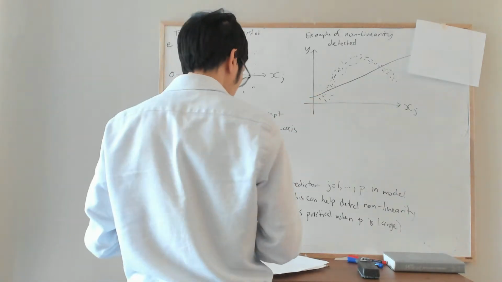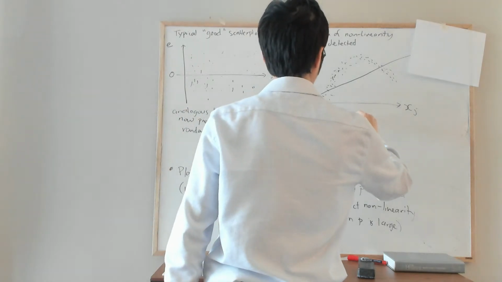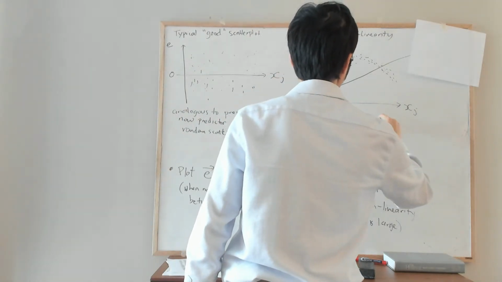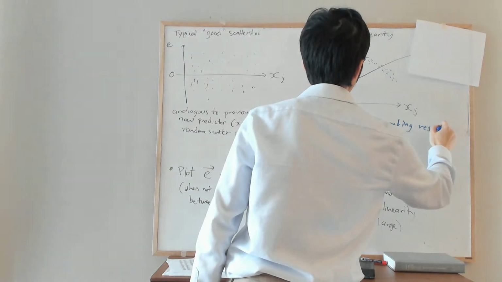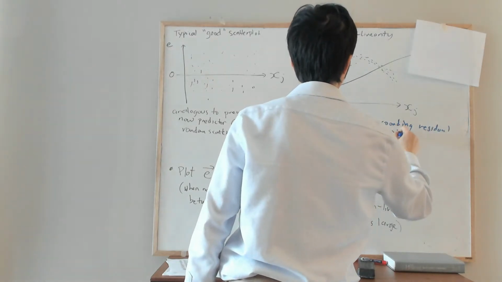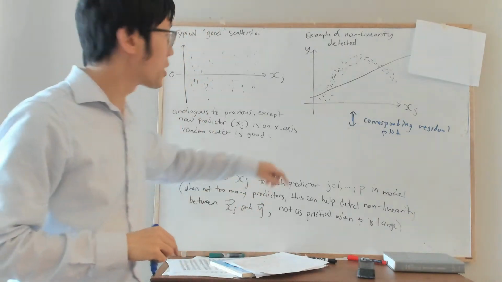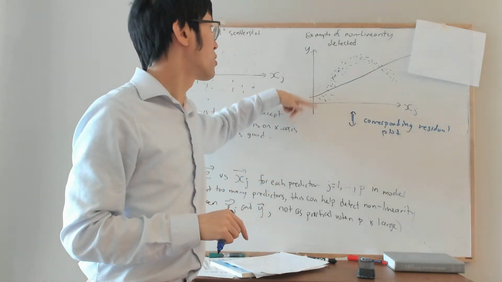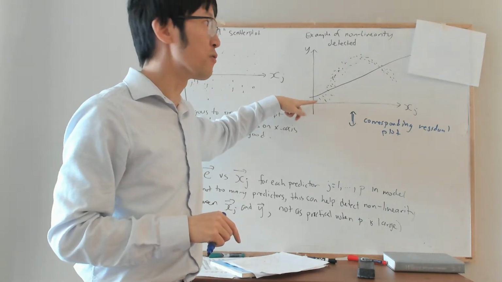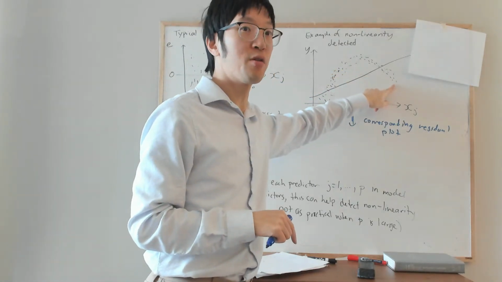So what is this going to look like? The corresponding residual plot. You're going to notice some systematic patterns, because when xj is small, you tend to have negative residuals, then in the middle you have positive residuals, and then you have negative residuals.